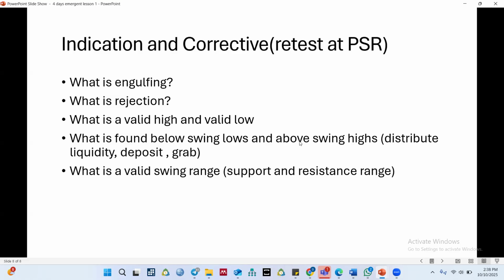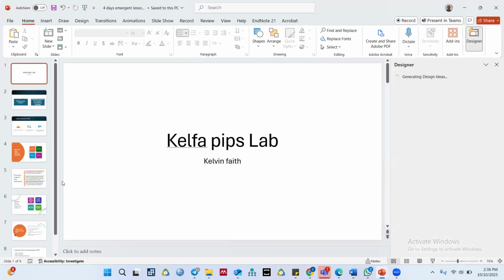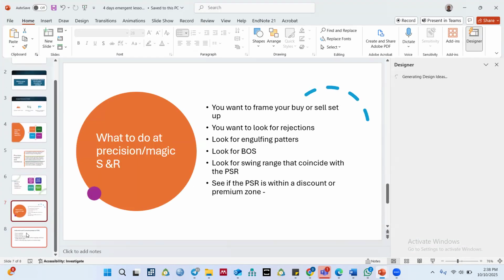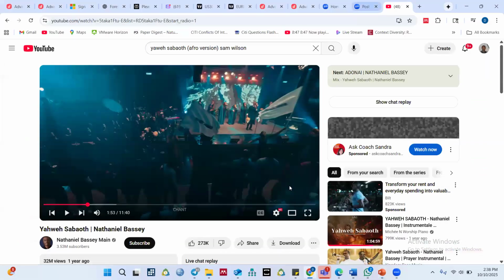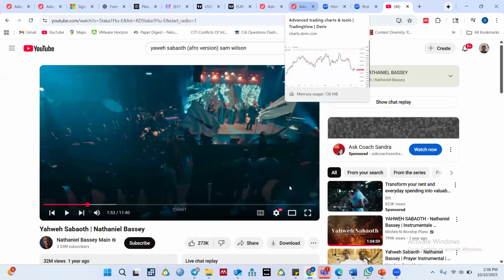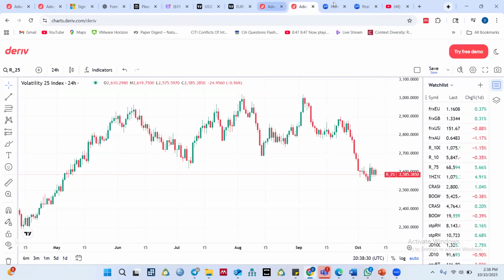Good. So engulfing is simply to totally overcome or overshadow, to take charge, to swallow someone off.